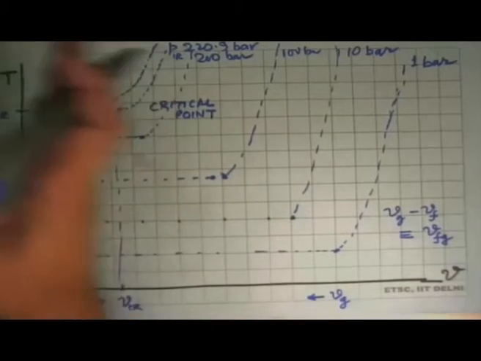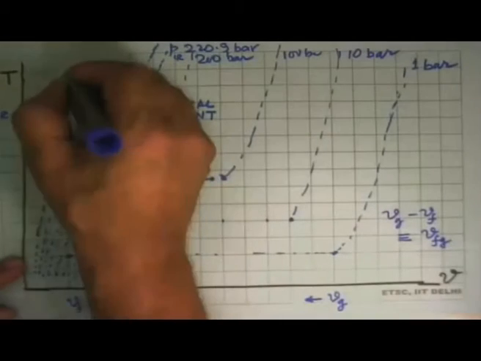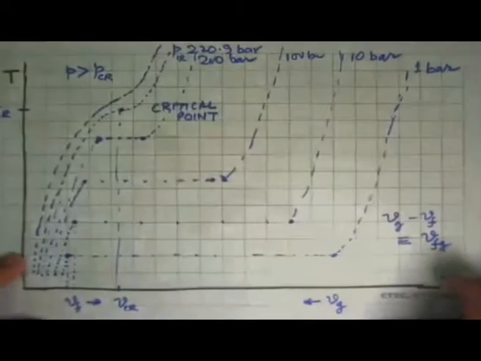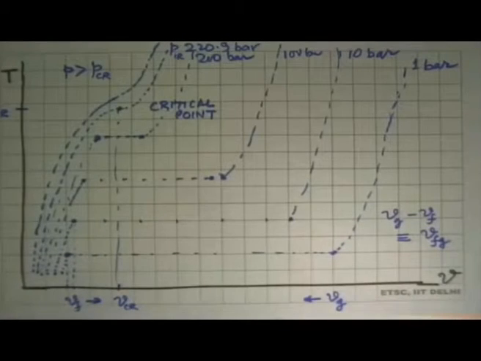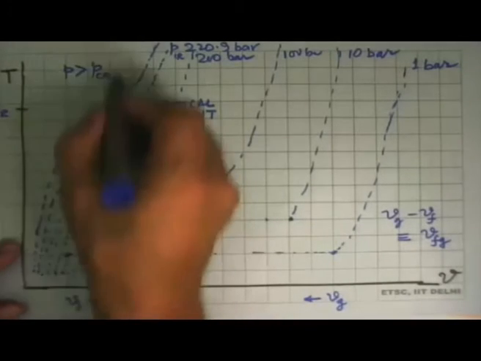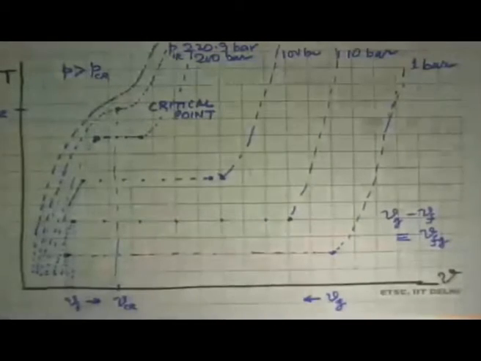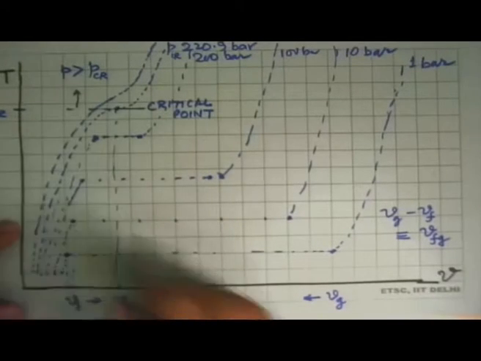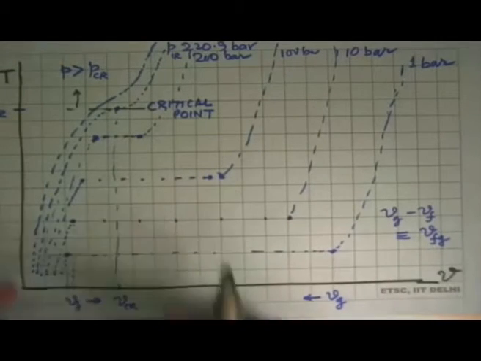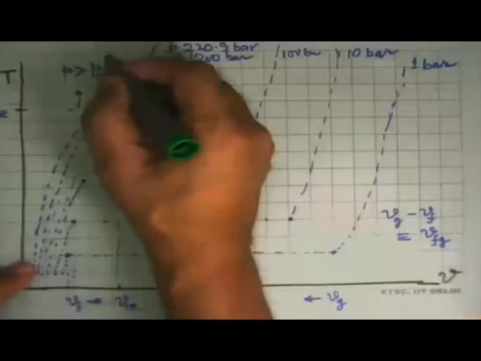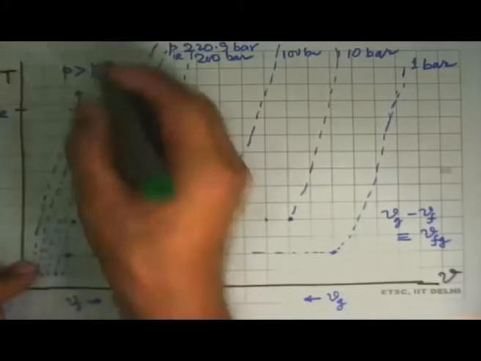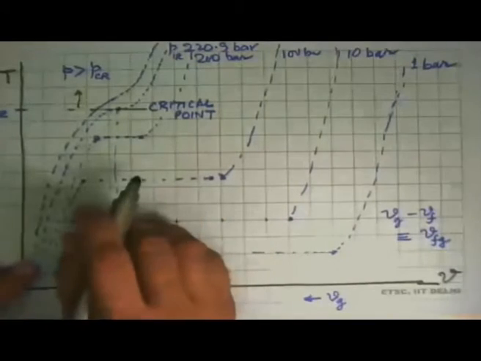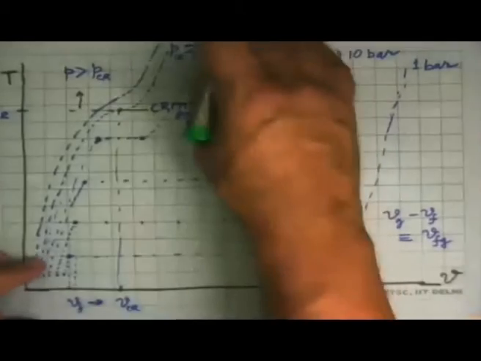So these are all the states where pressure is more than critical pressure, and above this point temperature is more than critical temperature. Here we don't call it a compressed liquid or a superheated vapor, we just call it a critical fluid or a dense fluid or a supercritical fluid.